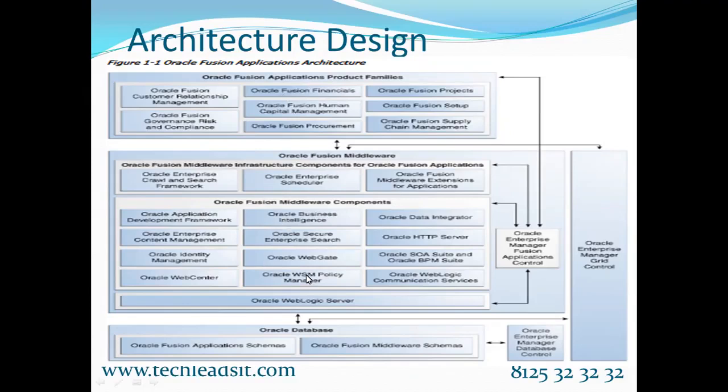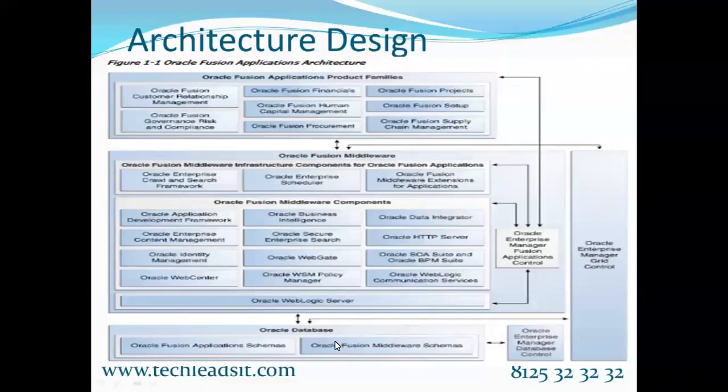And this is the middleware. In the middleware, again, we have two subcomponents: the product middleware and the independent middleware components. That includes Oracle Enterprise Crawl and Search Framework, Oracle Enterprise Scheduler, and Fusion Middleware Extensions for Applications.